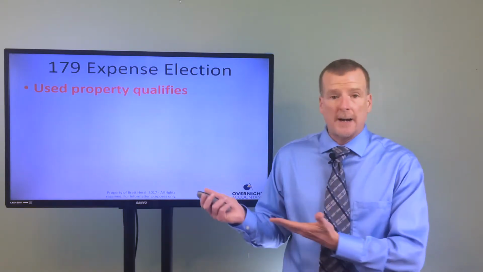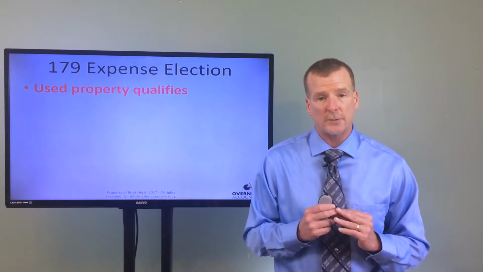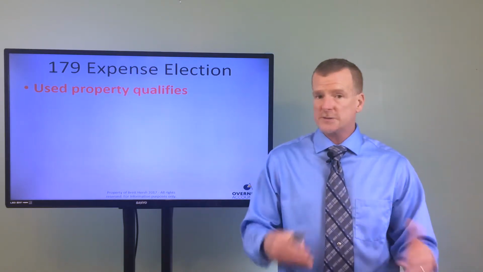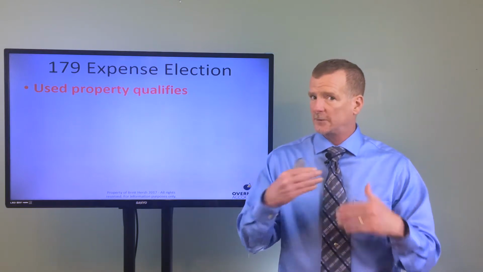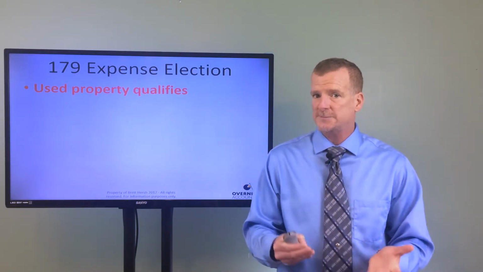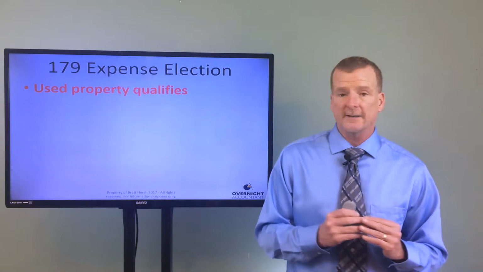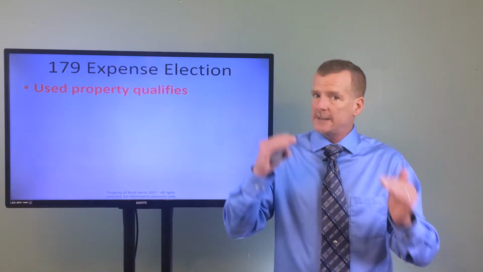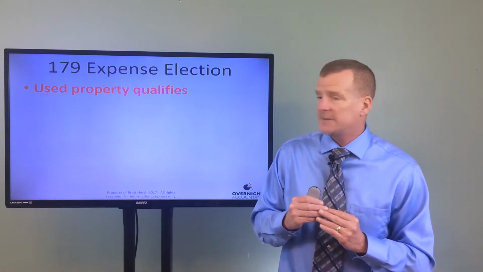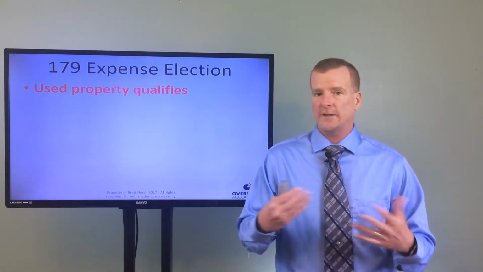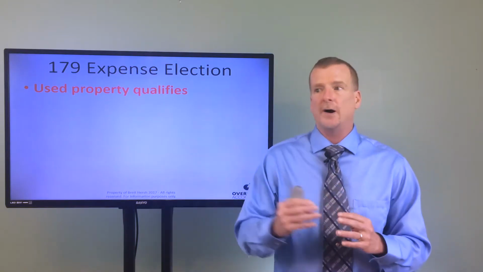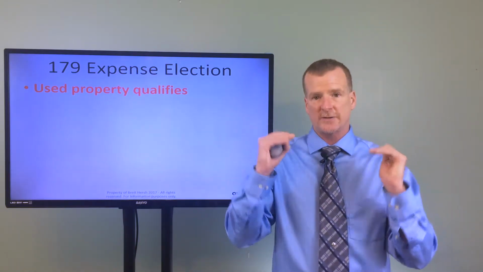Now, a good thing for this is used property qualifies. So if you purchased a used desk, for example, or a used car and it otherwise qualifies, if it meets the other criteria we discussed under auto expenses, you can elect to write off an amount of that. You can write off the whole thing. And there are limits. I'm not going to discuss the limits in this because they range anywhere from $25,000, which sometimes is what it is for a car, up to $100,000, and Congress changes this all the time.